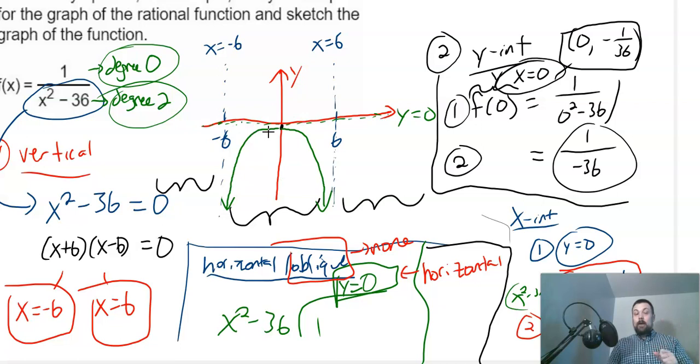This is a pretty good idea of what the graph looks like. But if you really wanted to know how close it stays to the x-axis before it heads down, you might pick x equals -5, plug it into the equation to find a point here, to see whether it dips down pretty low by the time it reaches here, or is still pretty high up. My guess is it's still pretty high up, but I might be wrong about that.